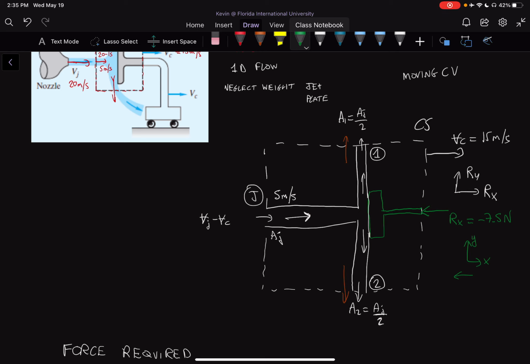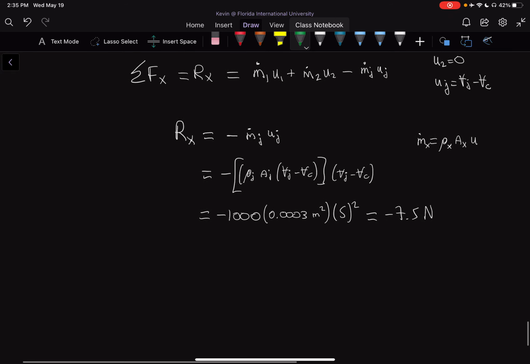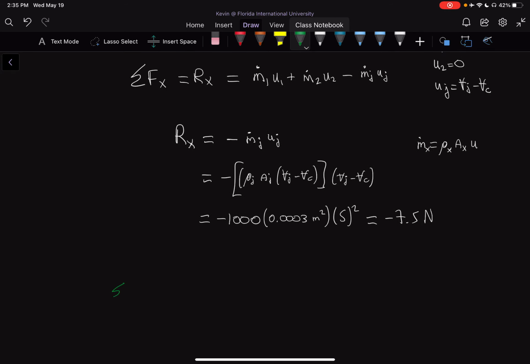Okay, so now let's look at the sum of the forces in y and try and find the reaction in the y direction. So if we look at the sum of the forces in the y direction, we have that they're equal to reaction in y. So we're going to say reaction in y is whatever's happening in the y direction to counteract the system.